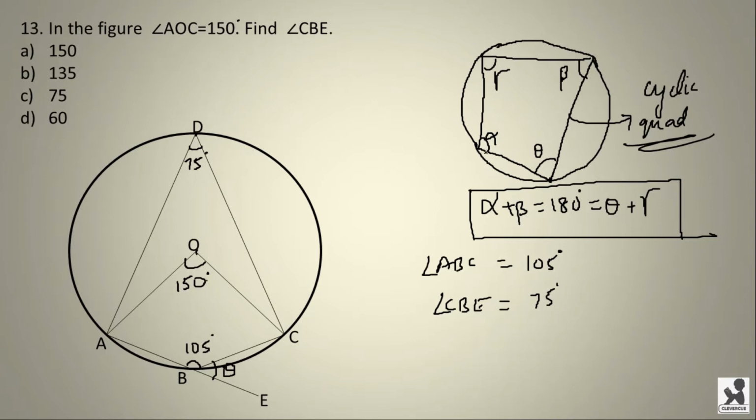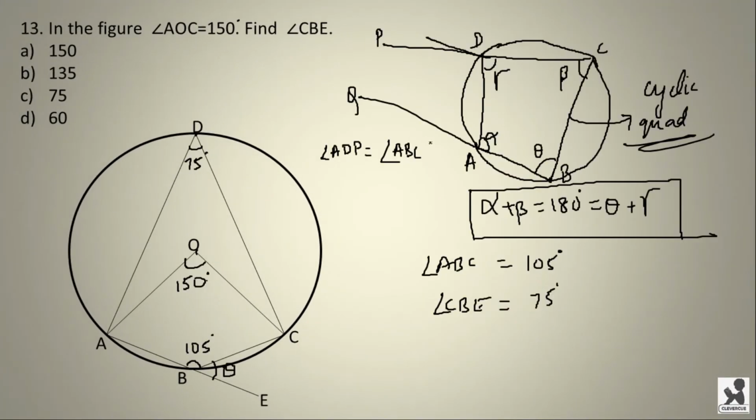Another important property of a cyclic quadrilateral: let us say this is point A, B, C, D. If we extend the sides CD and BA, and we name these points P and Q, then angle ADP is equal to angle ABC, that is equal to theta, right?